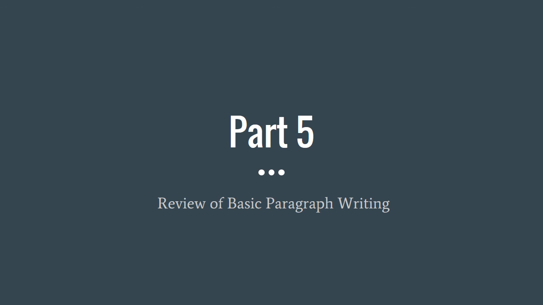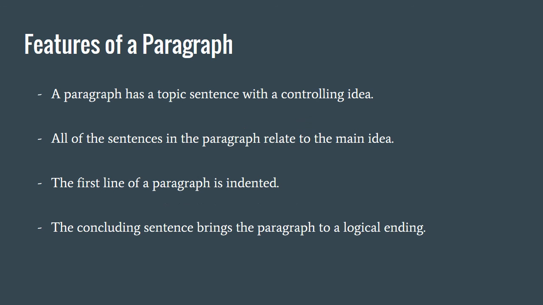So let's continue. So at this point, you've learned the features of a paragraph. A paragraph has a topic sentence with a controlling idea. All of the sentences in the paragraph relate to the main idea, and the first line of a paragraph is always indented. The concluding sentence brings the paragraph to a logical end.